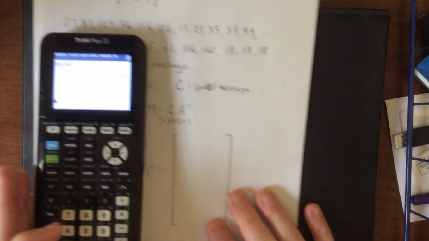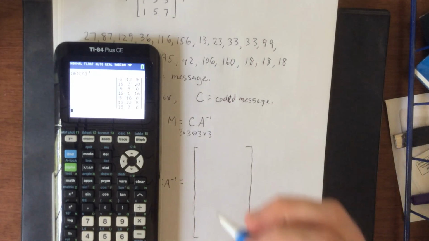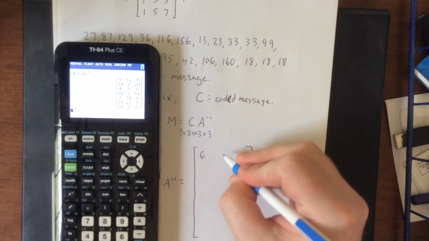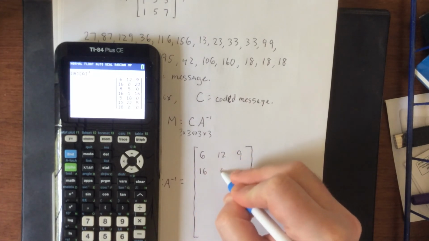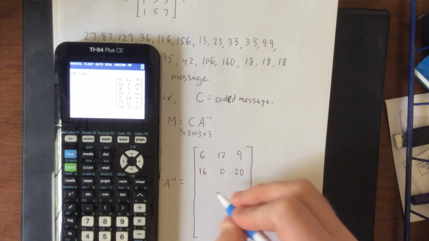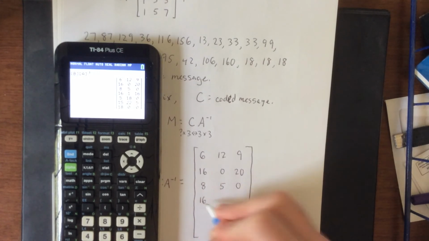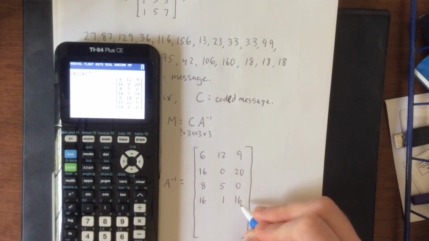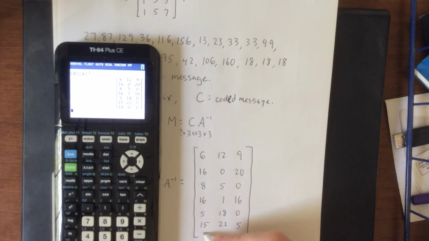Just in case it's a little too lit up and you can't see it well, this says 6, 12, 9, 16, 0, 20, 8, 5, 0, 16, 1, 16, 5, 18, 0, 15, 22, 5, 18, 0, 0.